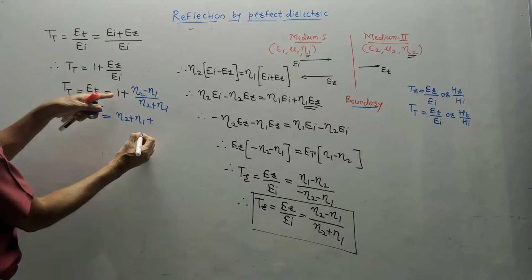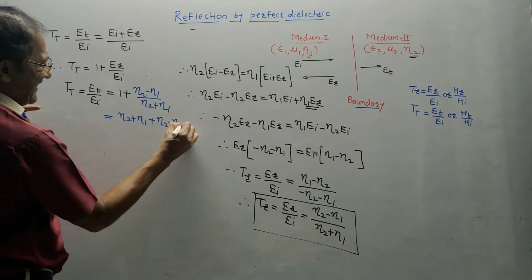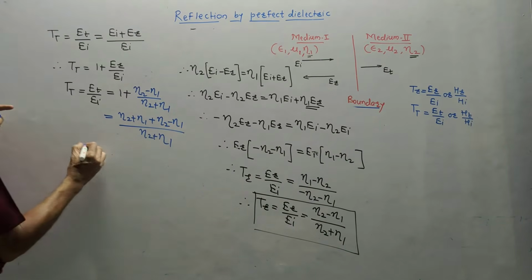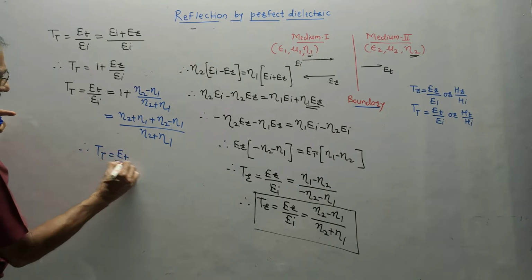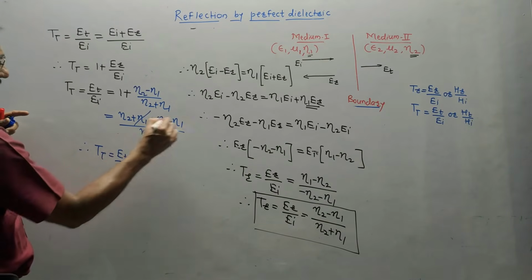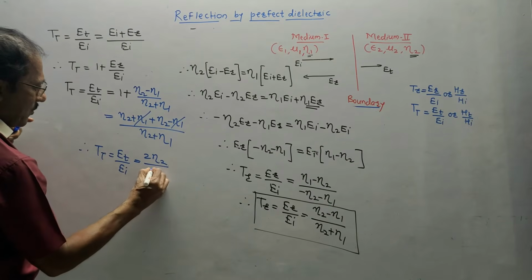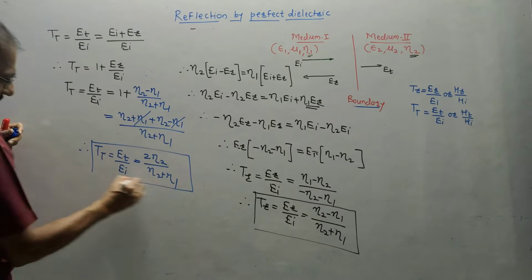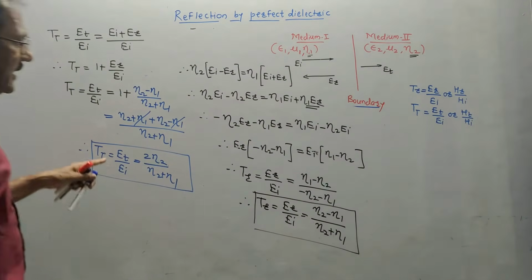I have multiplied this term with 1 plus eta 2 minus eta 1 upon eta 2 plus eta 1. So the final equation for transmission coefficient in terms of E bar can be written as, this plus and minus eta 1 gets cancelled, so it is 2 eta 2 upon eta 2 plus eta 1. This is the equation of transmission coefficient in terms of E bar.